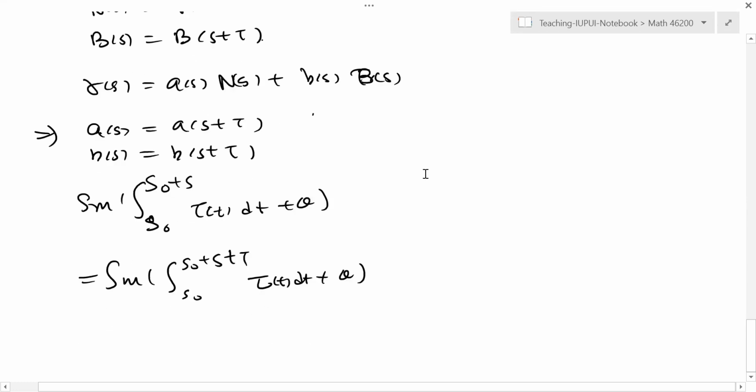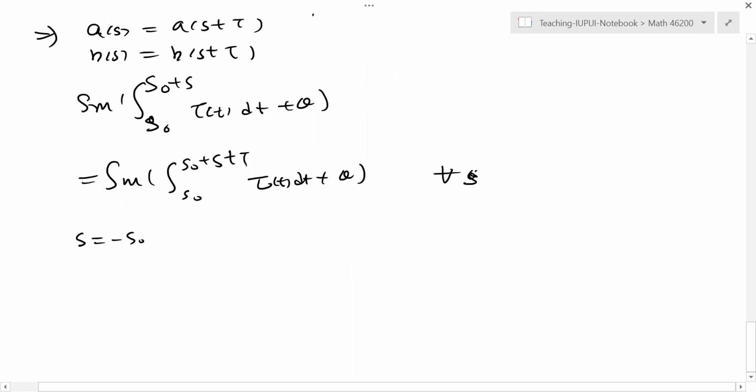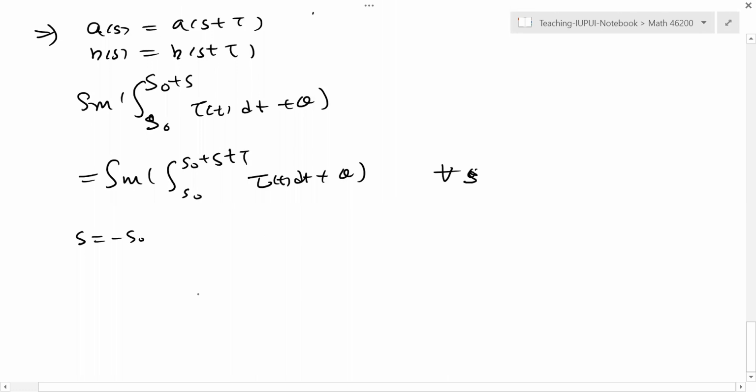In particular, this is true for general S. So you let S be negative S0.